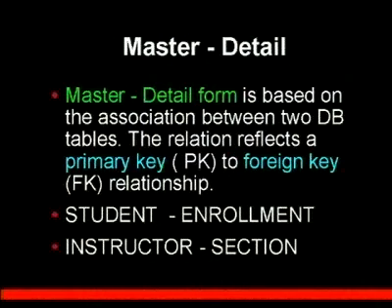So a master detail form is a form which is based on 2 database tables, and these have a relationship which reflects a primary key to a foreign key relationship. A good example of this in the database which you're working with in this series is the student database, and a master detail relationship that we have is students and enrollments.